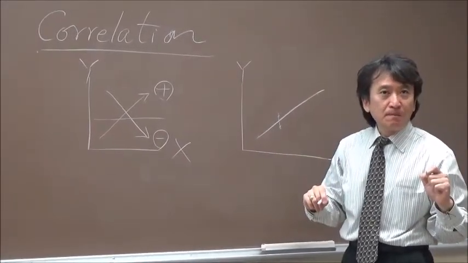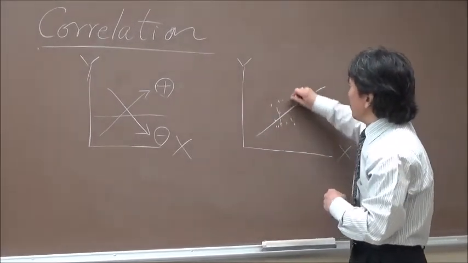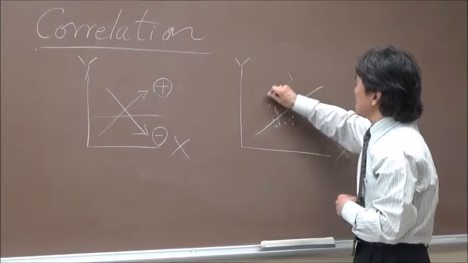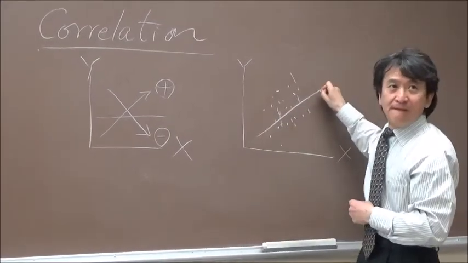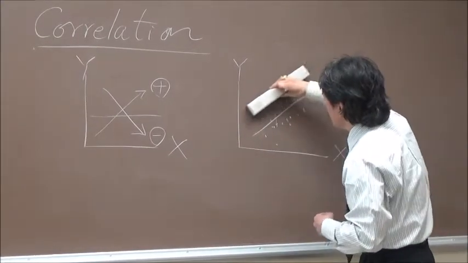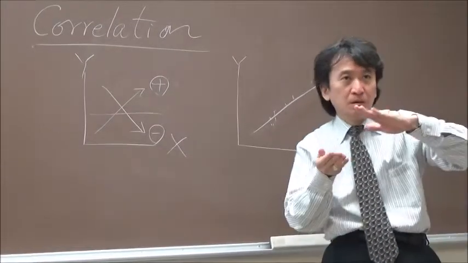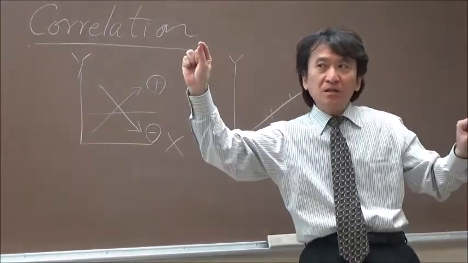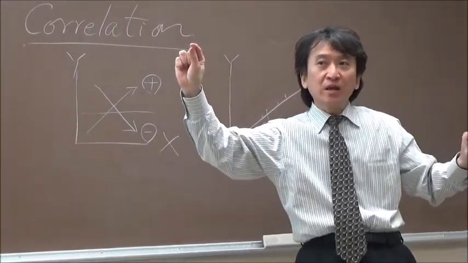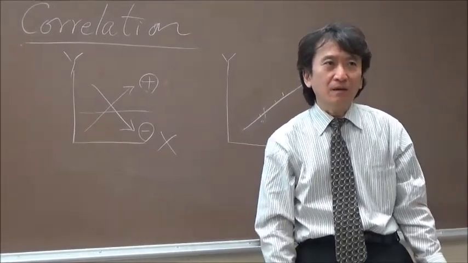So if error is big, then data points are scattered. If errors were small, then data points were clustered around an imaginary straight line. Do you understand that? Okay?